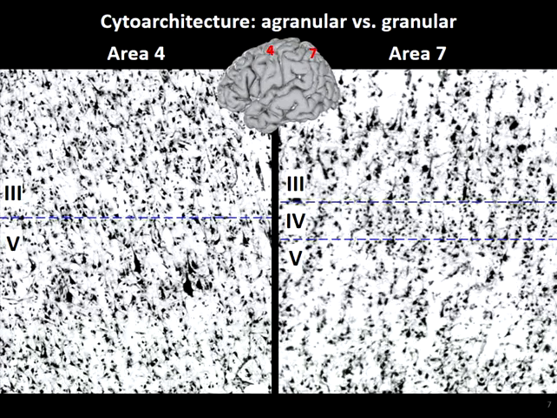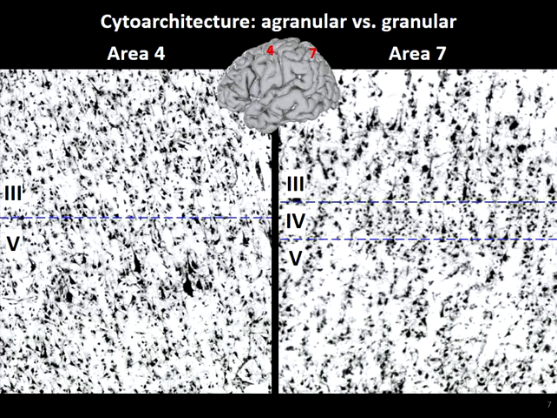So, right. On this slide, you can see on the left side a cell body stain section through the primary motor cortex from a human brain. And the blue dotted line indicates the position at which we would expect to find layer 4, because it's the interface between layers 3 and 5. But in this silver cell body stain section, you can't see any granular cells.